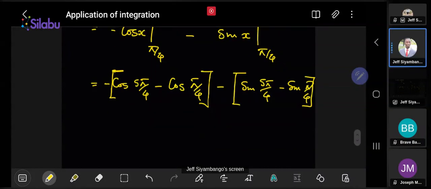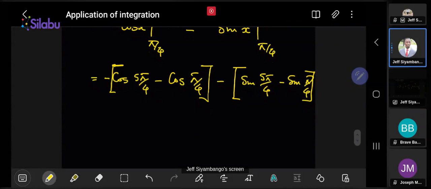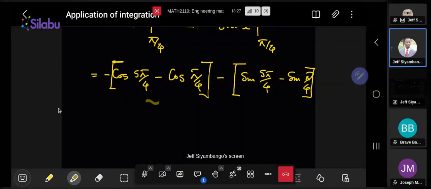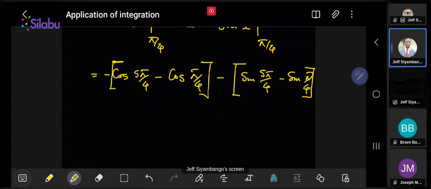Okay, so this is all we have to evaluate. You have to remember, you can do this with a calculator if you are allowed that, but if not, you can still evaluate this just by observation and remembering what these are in terms of quadrants.